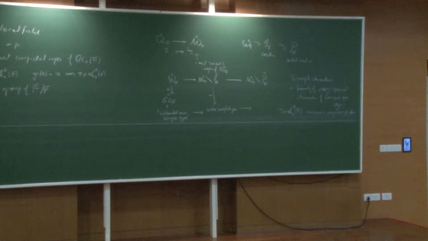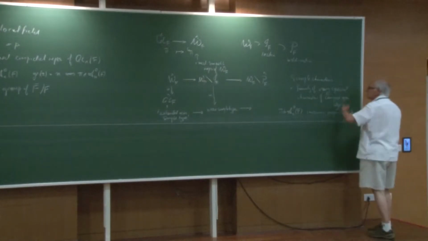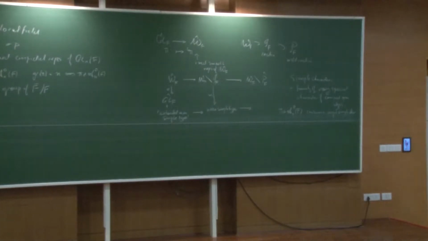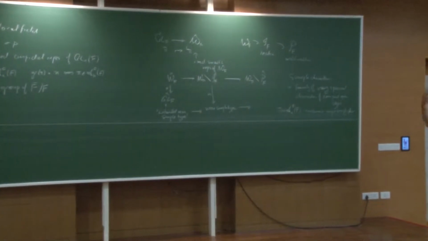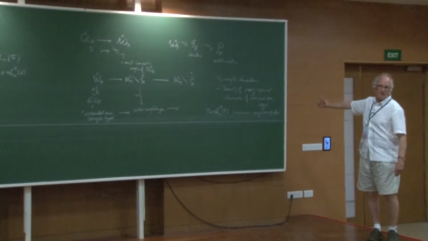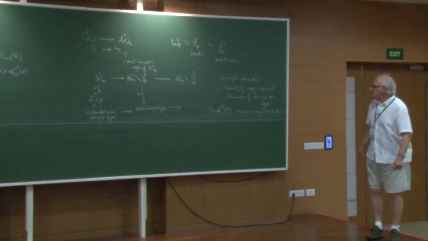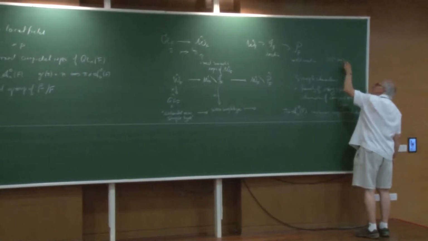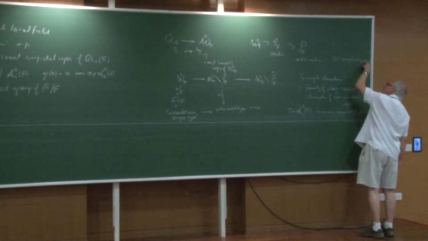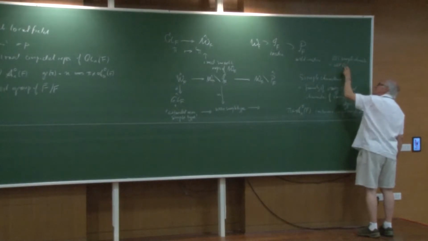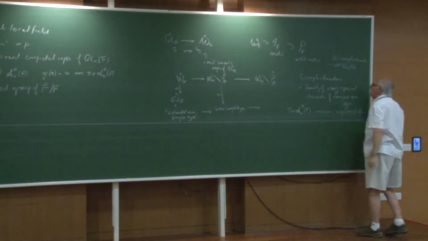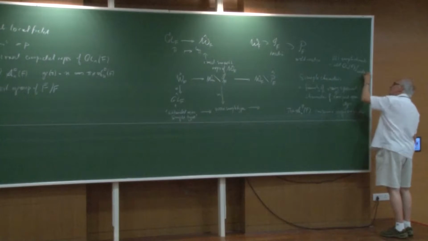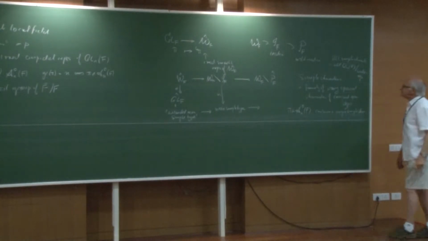The other feature of simple characters is these things are not tied to any particular GLN. If you've got a simple character in one GLN, modulo one or two combinatorial restrictions, you can move it to another GLM. Right, so if you take all simple characters in all GLN, there's an equivalence relation which we call endo-equivalence, because we couldn't think of anything better.